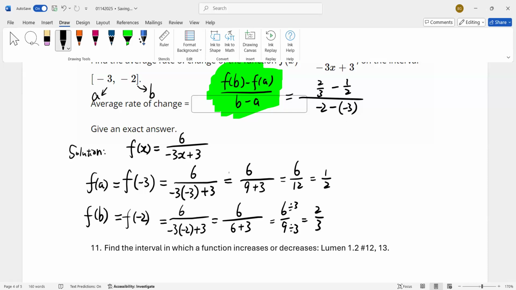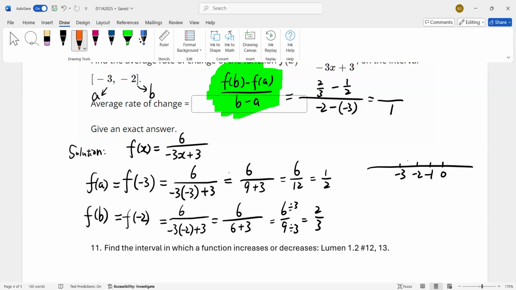All right, let's simplify. I can simplify the denominator. Negative 2 minus negative 3 is positive 1, right? And another way to quickly find the denominator: remember the interval is on the x-axis. This is 0, this is -1, -2, -3. So the interval is a part of the horizontal scale.